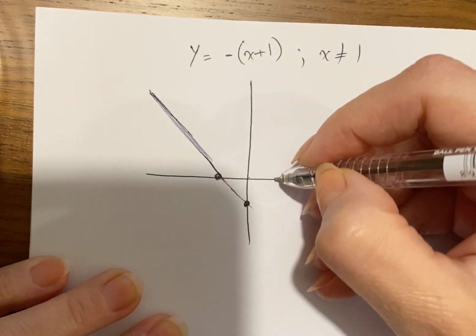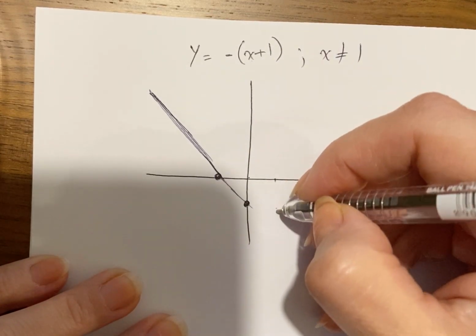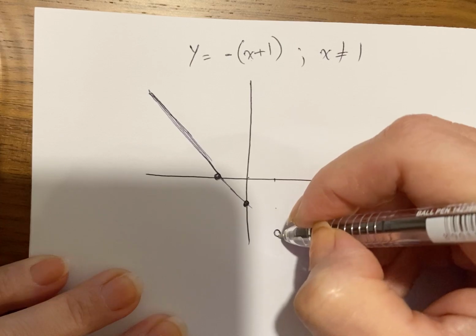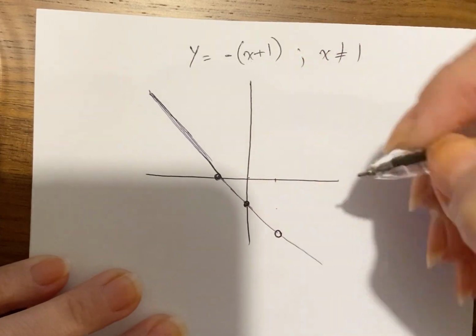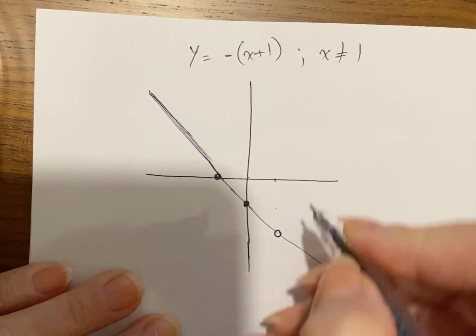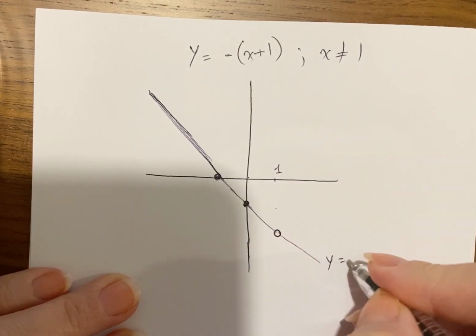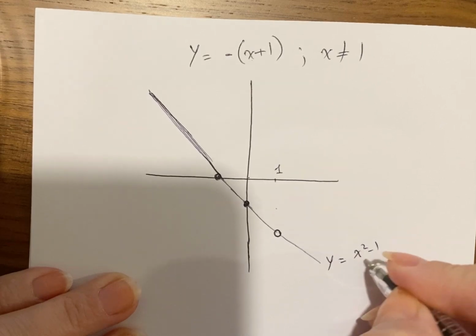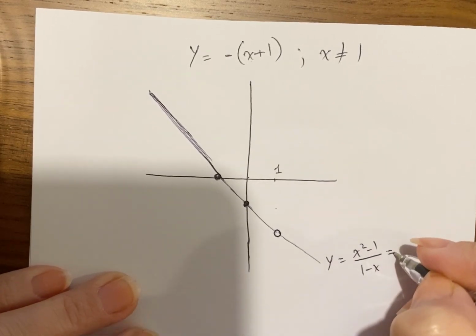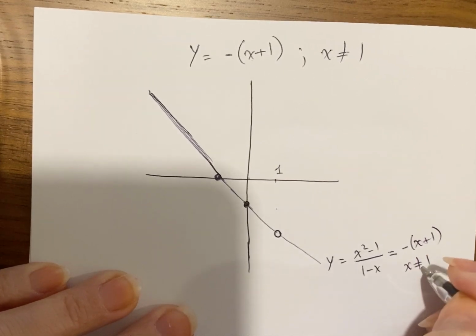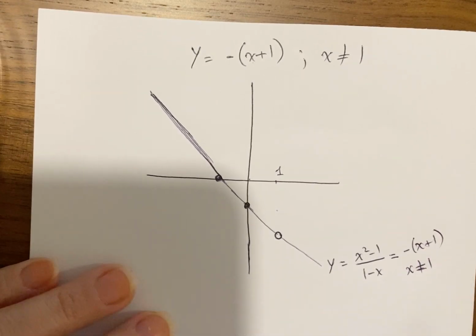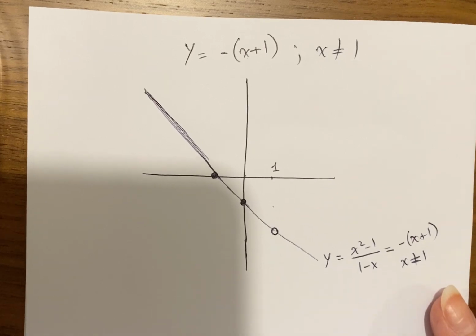There is only one hole where, at minus 2, this is a hole, it's undefined, but the limit exists and is equal to minus 2. This is the function x squared minus 1 over 1 minus x, which in simplification is minus x plus 1 for all values except at 1.